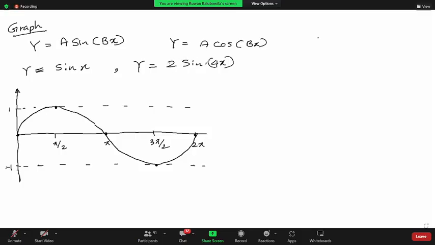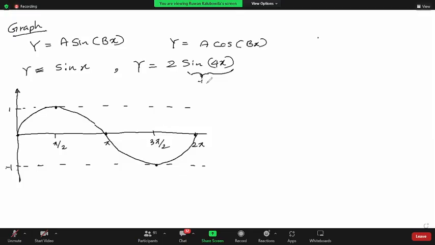Okay, what is 2 and what is sine? We know that inside of the sine operation, the maximum and the minimum values that come from the sine operation are what?